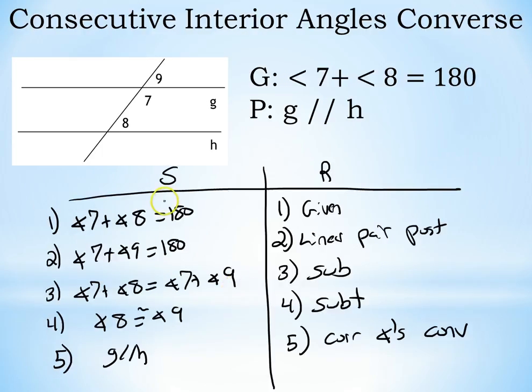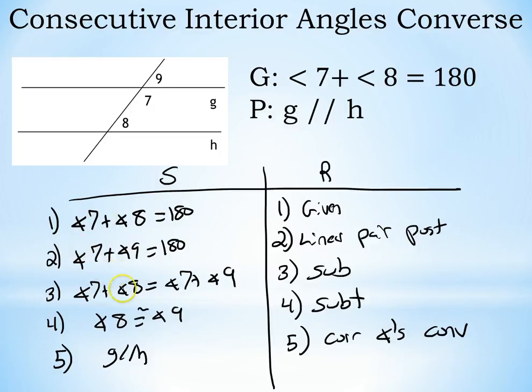So here's the proof that I made for the consecutive interior angles converse. We first start off with our given statements. We then want to go with our linear pair postulates. I need to find some way to show 8 and 9 are equal, so I need to find a way to relate 7 to 9, so I can then relate 8 to 9. Well, 7 and 9 are both linear pairs, that's why they add to 180. So in both statements 1 and 2 add to 180, the equations must equal each other.